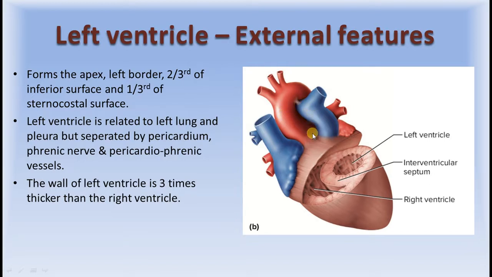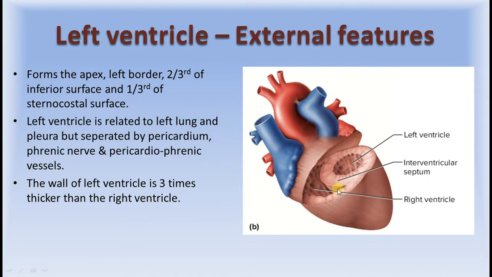So that is why it is thicker, and the outline of the interior is also circular. The cavity of the left ventricle is circular, whereas the right ventricle is somewhat semilunar or crescentic, because the ventricular septum projects into the right ventricle.